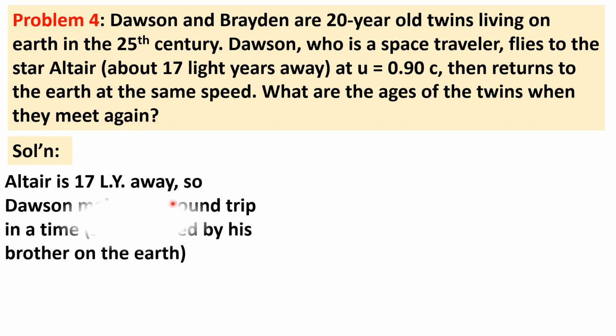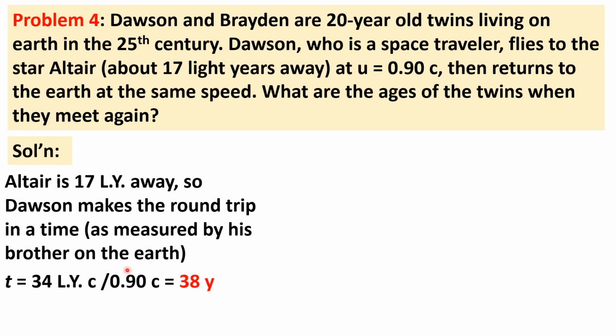So in our initial solution, we say that the star Altair is 17 light years away. So Dawson makes the round trip in a time, as measured by his brother on the Earth, equal to t, which is 34 light years, or 34 years multiplied by the speed of light, divided by 0.90 c.